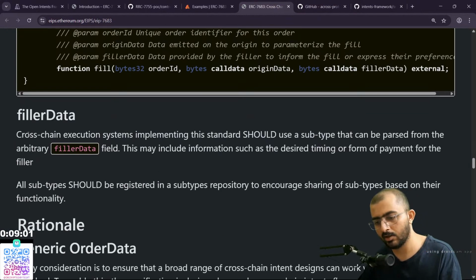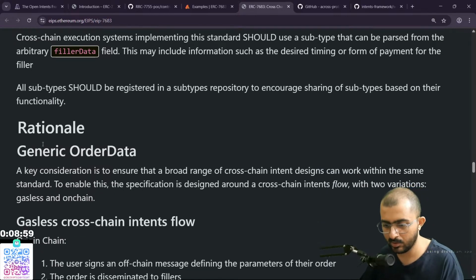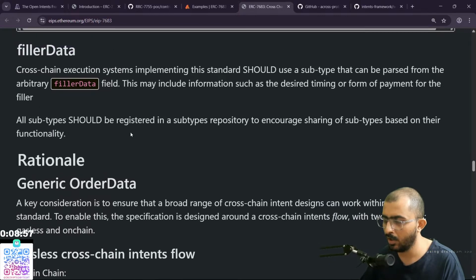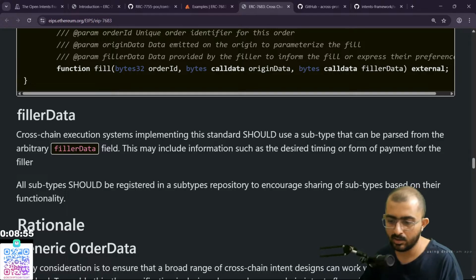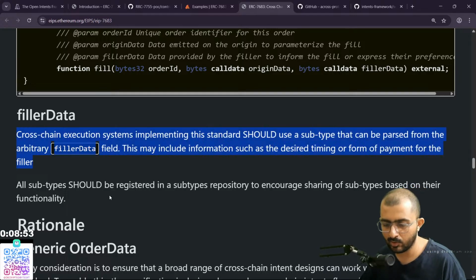Okay, filler data. Cross-chain execution systems implementing this standard should use a subtype that can be passed from the arbitrary filler data field.